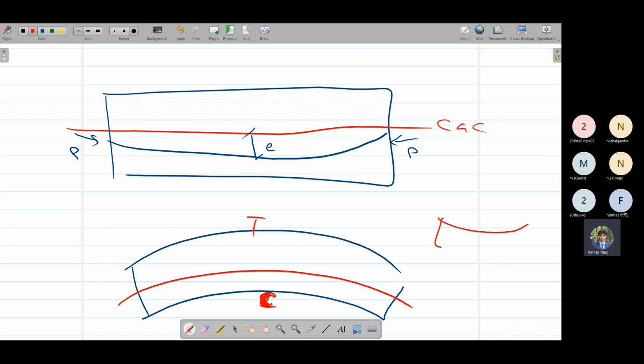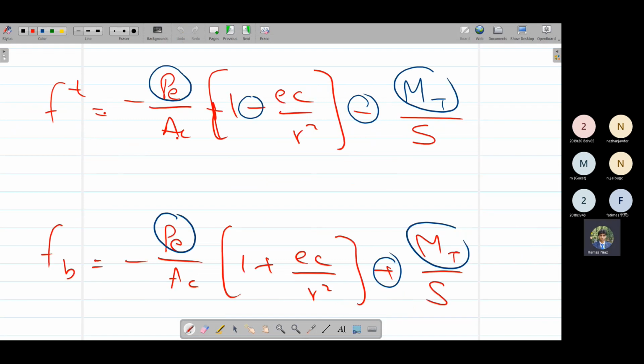Actually, in sagging, we have compression at top but tension at bottom. But this pre-stress force produces tension at top and compression at bottom. So if we multiply this minus with this minus, this is actually plus. So this one force is tensile force. We have taken it common, so it looks like it's negative, but it is actually plus.